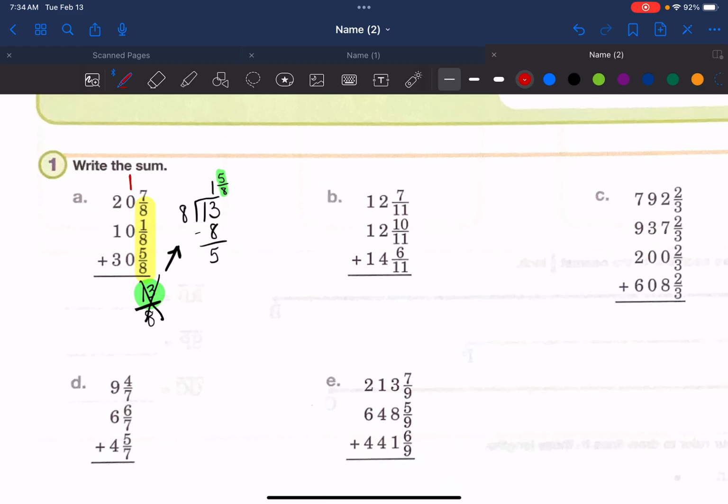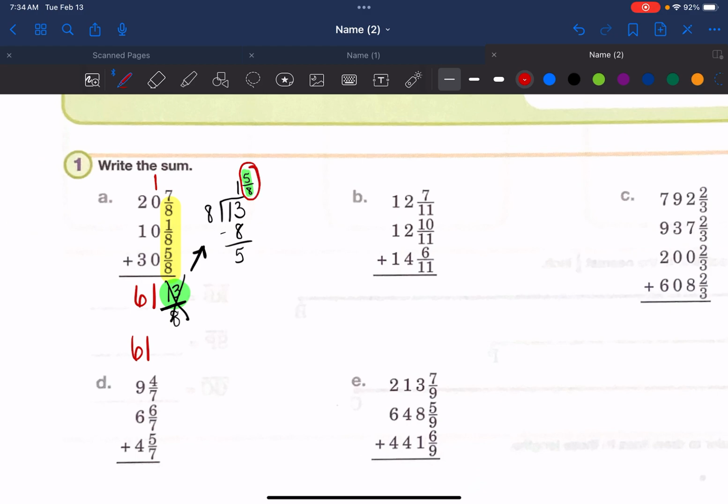Okay, so then I have 1 plus 0 plus 0 plus 0 is 1. And then I have 2 plus 1 plus 3. So that's 3 plus 3 is 6. So now, somewhere where you have room, so I could write it right down here like I started to, I have 61 and my 5/8. Okay? That's the first way you can do it.